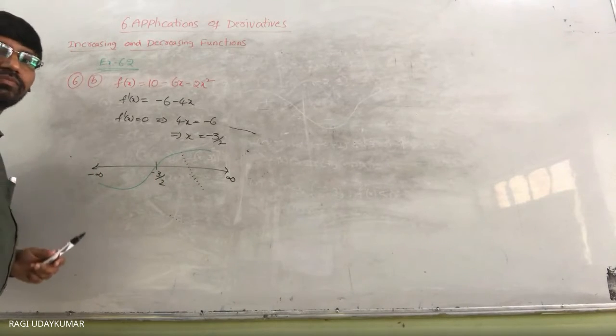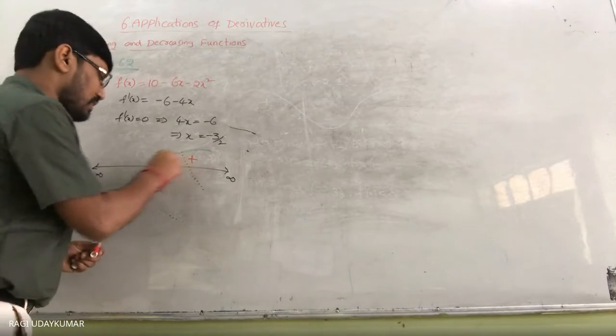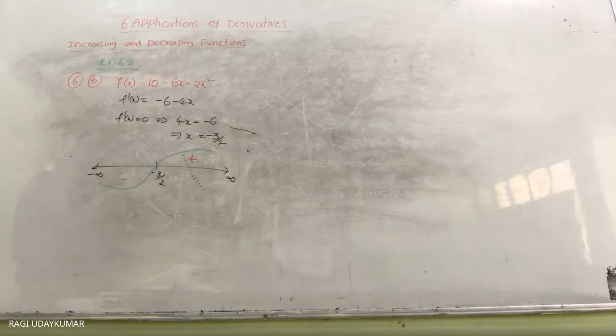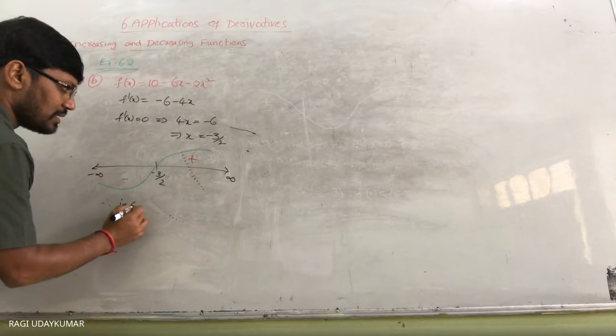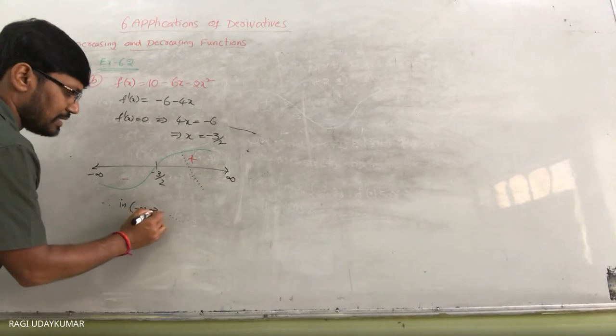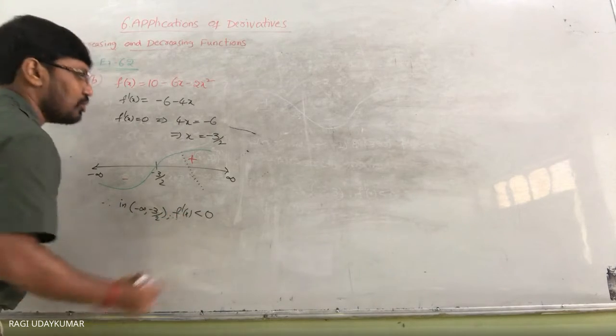So minus 3 by 2 will divide the real number line into two disjoint intervals. This is minus infinity, here plus infinity. Obviously, on the right side of minus 3 by 2 it will be positive, on the left side of minus 3 by 2 it will be negative. So we have to take like this. When you take like this, in this interval it is positive, in this interval it is negative. So what do you have to write here? Therefore, in minus infinity to minus 3 by 2, f dash of x is less than 0.